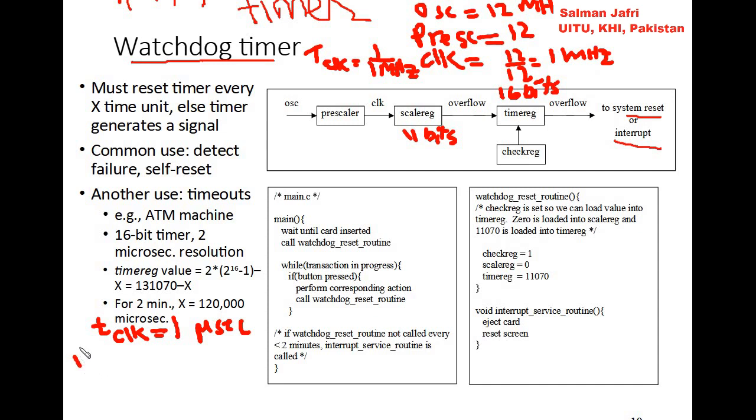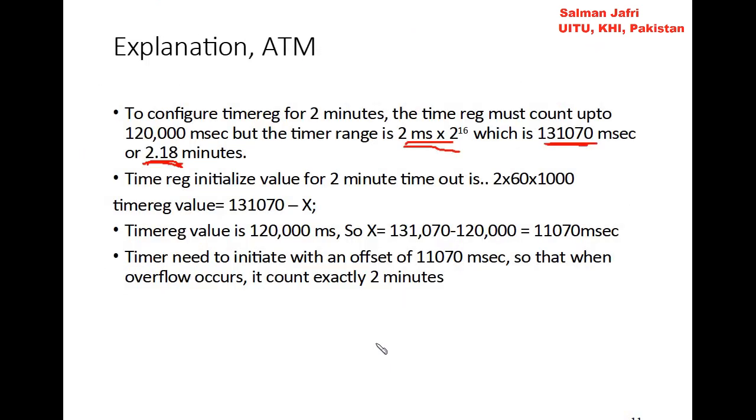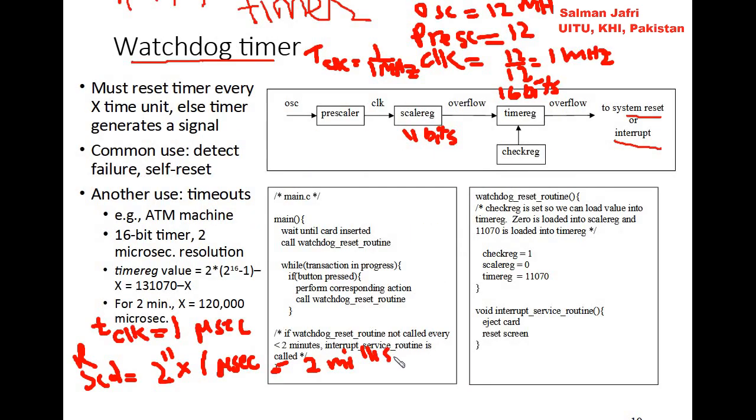So range of scale register equals 2 raised to power 11 into 1 microsecond, which comes out to be about 2 milliseconds.